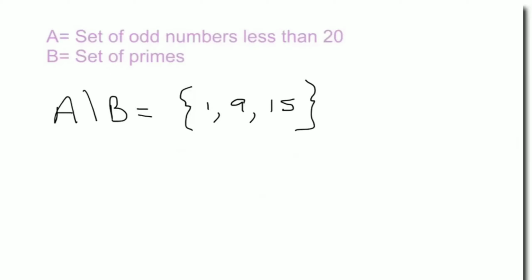And so here we have the set of all odd numbers less than 20 that is not prime.